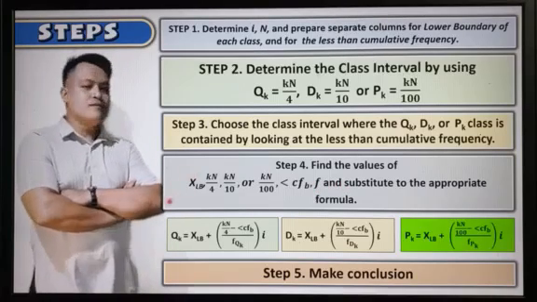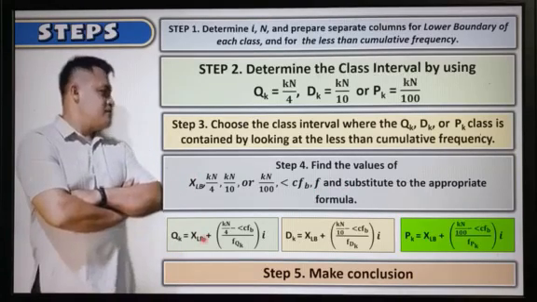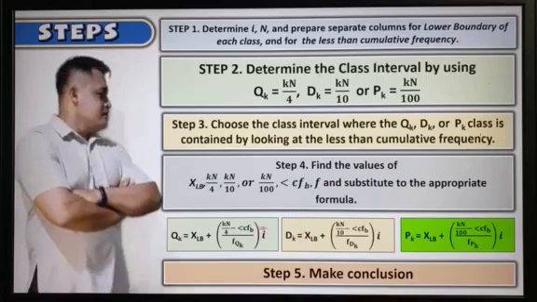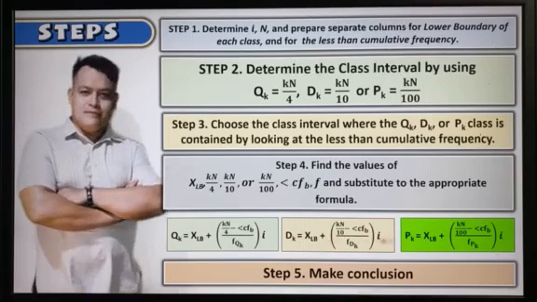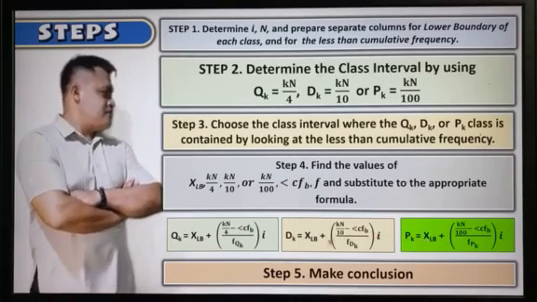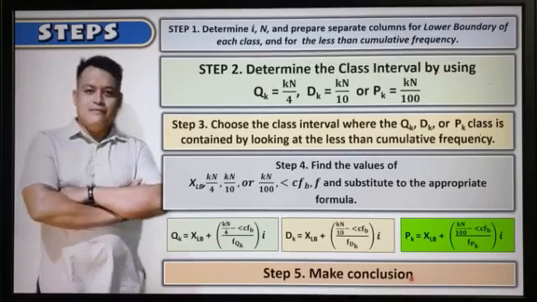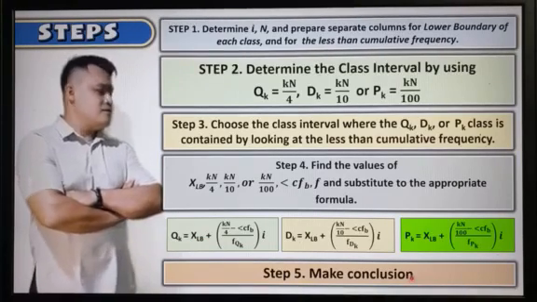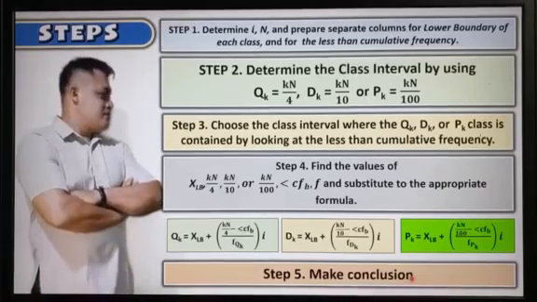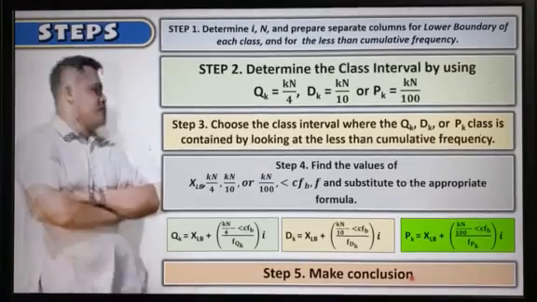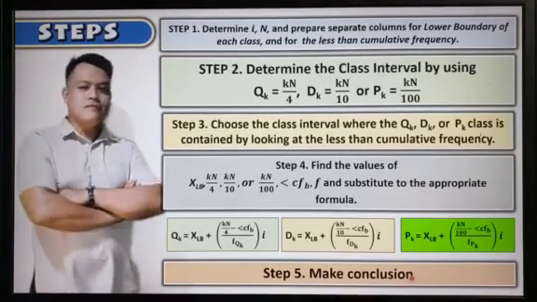Then we use the formula, depending on what we are looking for, whether quartile, decile, or percentile. And based on the result, we can now make a conclusion. These are the steps in finding the measures of position in a given grouped data.